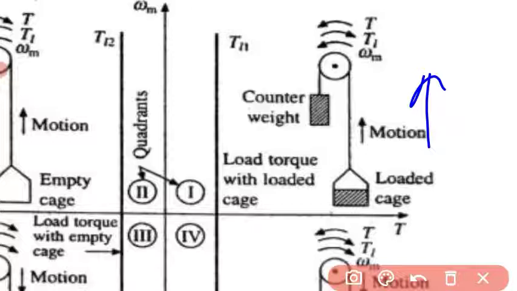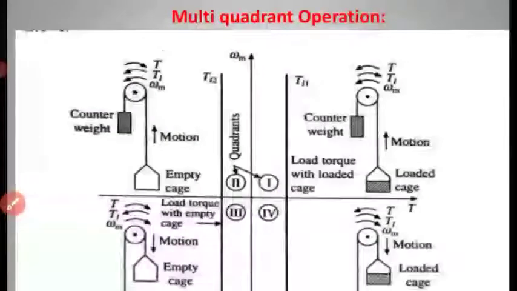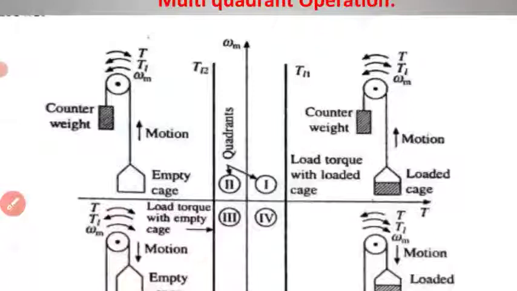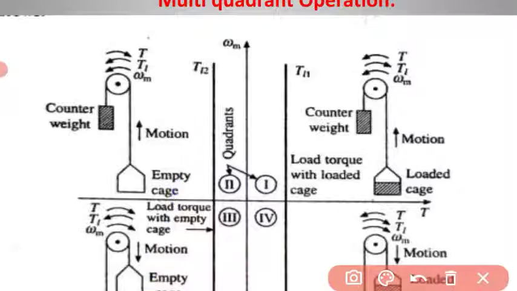The first quadrant operation of the hoist requires the movement of the cage upward, which corresponds to the positive motor speed, which is in the anti-clockwise direction. This is a very important point, please note it. The positive direction is taken as anti-clockwise motor rotation.